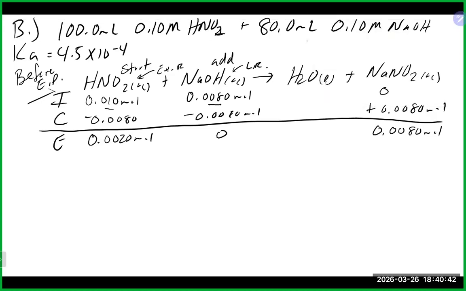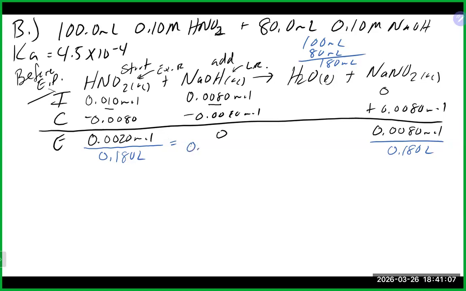At this point, we want a little total volume action. We started with 100 milliliters of our acid. We added 80 milliliters of our base, so we're at about 180 milliliters total volume. That's a big titration. We're going to divide by 0.18 liters. So 0.002 divided by 0.18 gets us 0.0111 molar.